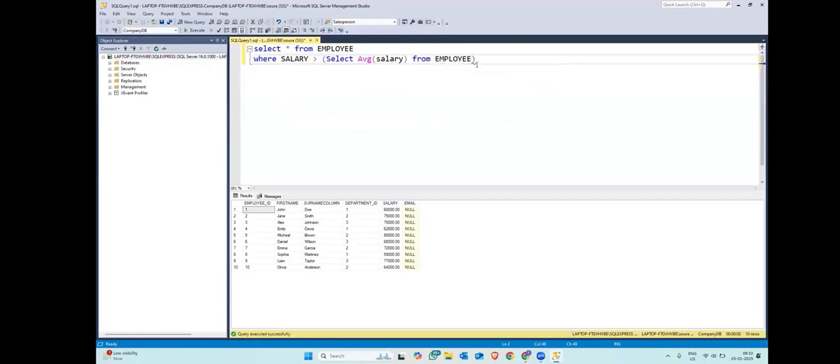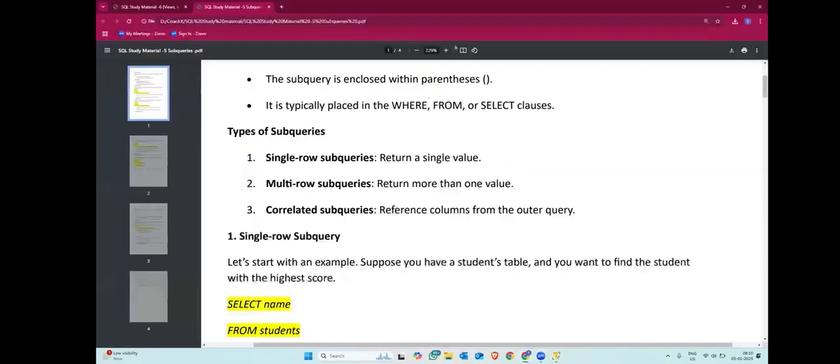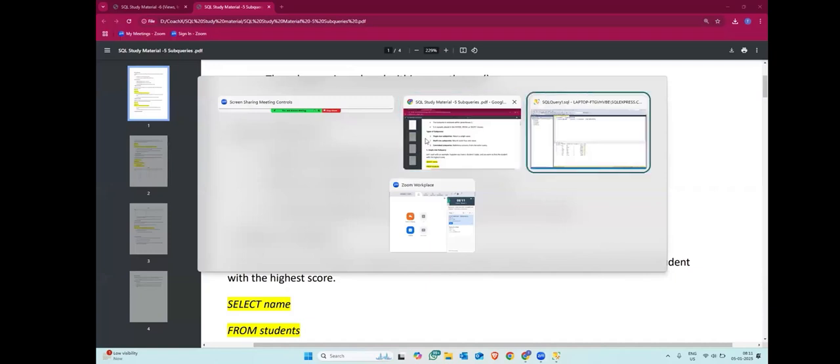Okay. So when I say that we are trying to do a correlated subquery, the idea is both the queries are related to each other. When I talk about a single or multi-row subquery, the inner subquery is not related to the outer query. See, this is a normal subquery, right?